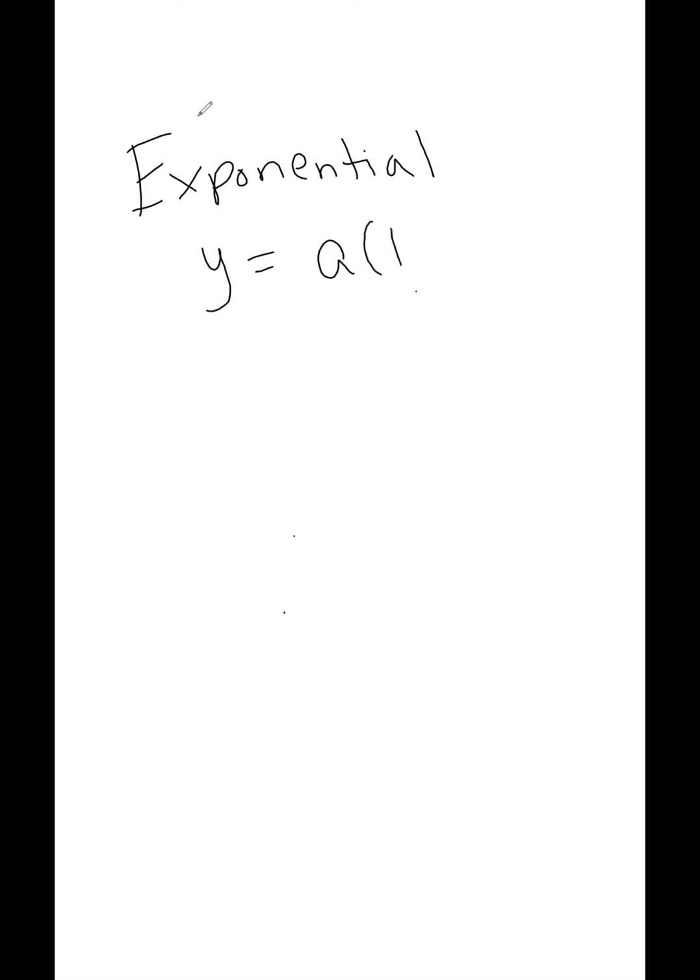So the one we were working with was exponential. And that is shown as y equals a times b to the x. This is the exponential formula. And it's written with a number and then a number in parentheses to the x power. It can also be written like this. We'll go over that here later.